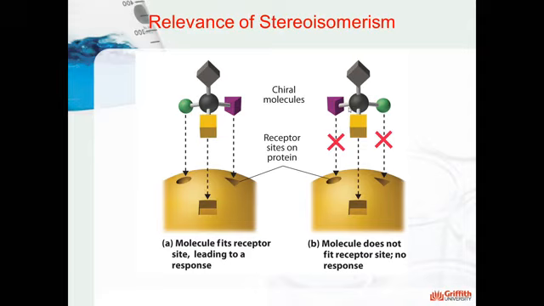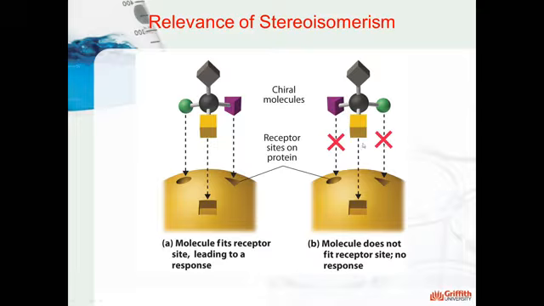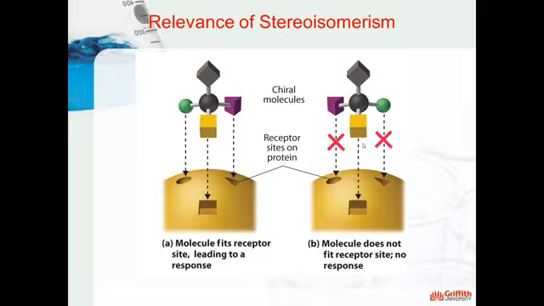Thalidomide is a chiral drug molecule, and there were quite devastating effects of that. The wrong enantiomer did not match up with the protein molecule, and that resulted in devastating birth defects on many babies.